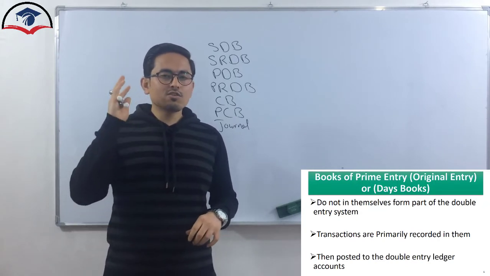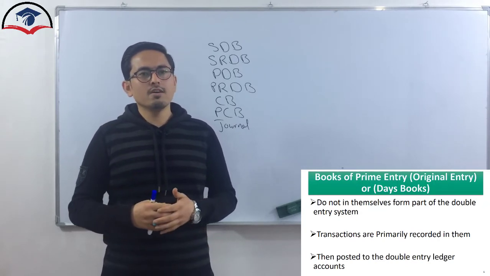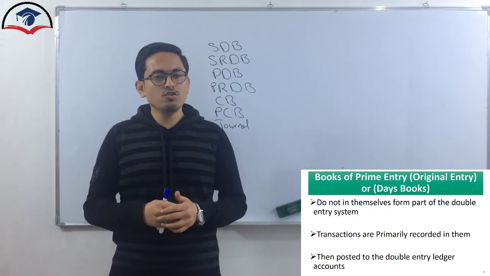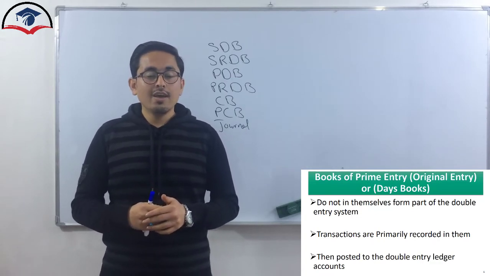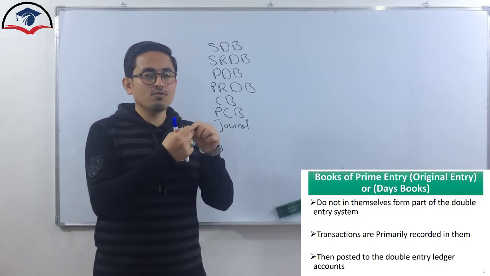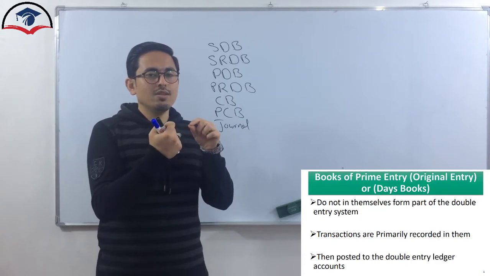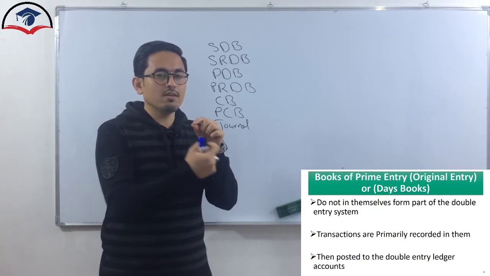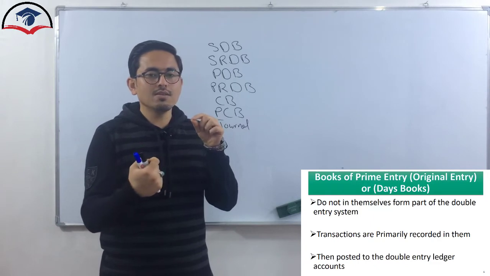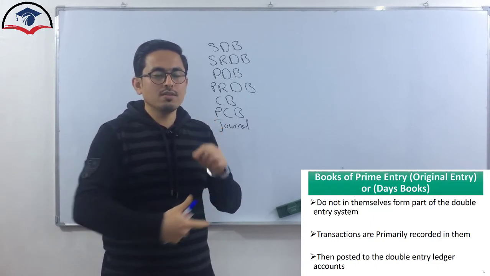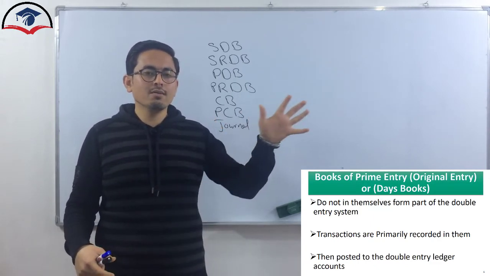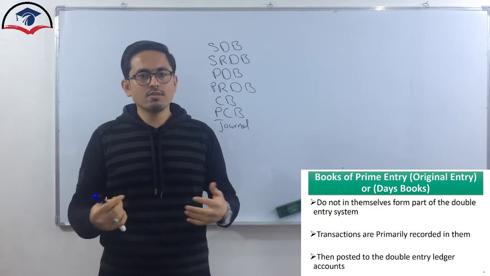You can consider a supermarket which has around 150 transactions per day. Is it easy to record each transaction in the double entry system, debit the cash and credit the sales, debit the cash, credit the sales, for each transaction? Of course it's not.